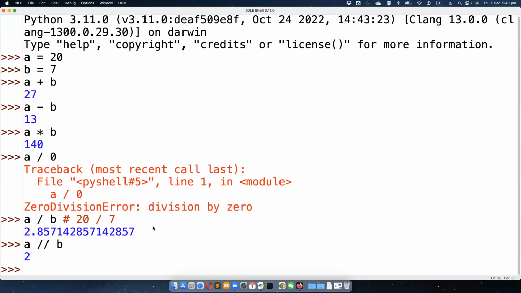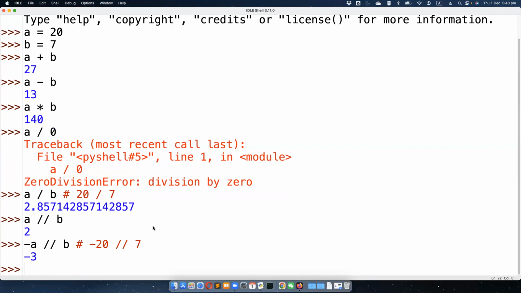It seems that the result is rounded down instead of up. With negative numbers, it is the same, just like minus a integer divided by b, that is minus 20 integer divided by 7, will produce minus 3 instead of minus 2.